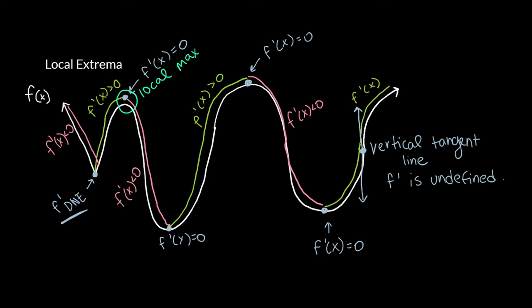Here's another local maximum. And a local minimum. So it's at the minimum of all the points right around it on a certain interval. Here's a local minimum. Here's another local minimum.